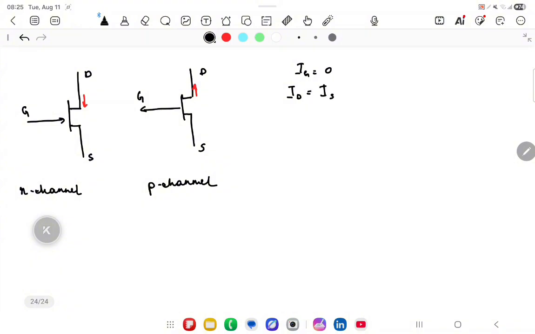Also, there is a really interesting equation called Shockley's equation, which states that the current ID will be equal to the maximum drain current, IDSS, multiplied by (1 minus VGS over VP) squared, where VP is the cutoff voltage.